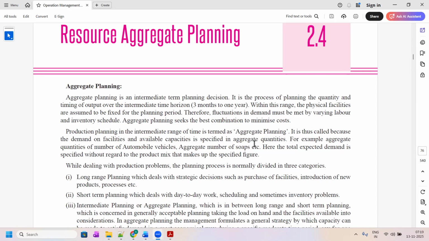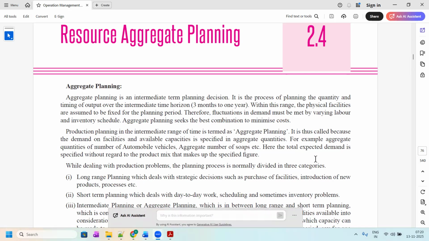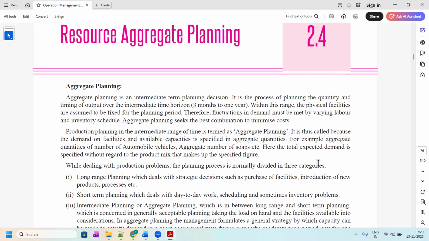Before that, let's talk about a term called aggregate planning. Planning can be short-term planning, which deals with day-to-day work, scheduling, and sometimes inventory problems. Planning can be intermediate, which is between long run and short term, and is concerned with how you will work on your raw material and facility management.